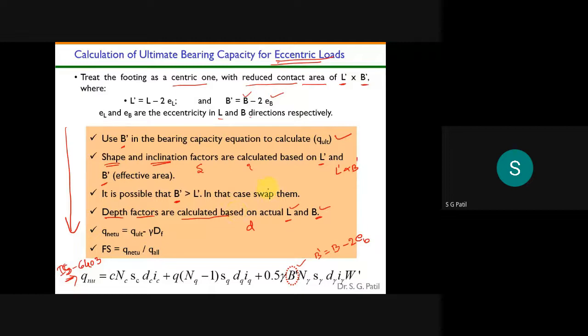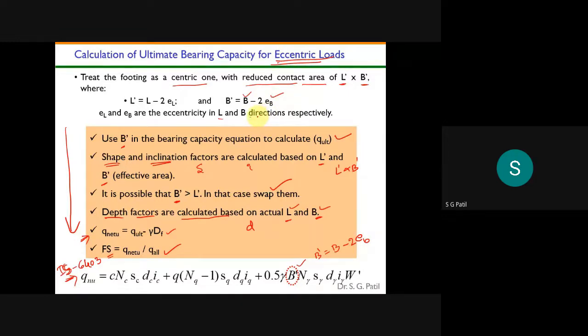So you can swap them after reducing. Then what is the final step? Q net ultimate is equal to Q ultimate minus gamma into Df, and the factor of safety is your net ultimate divided by the allowable load. So this is the procedure to calculate the bearing capacity of a foundation subjected to eccentric loading.